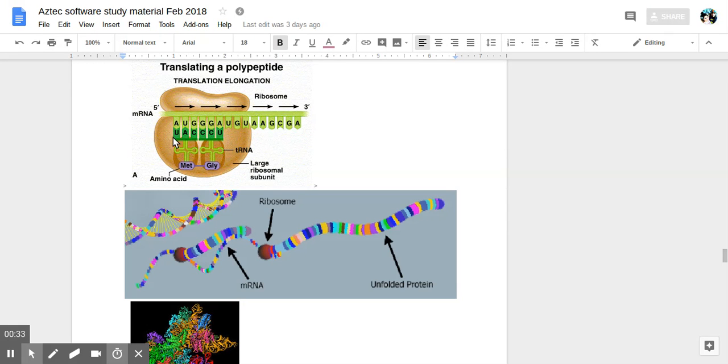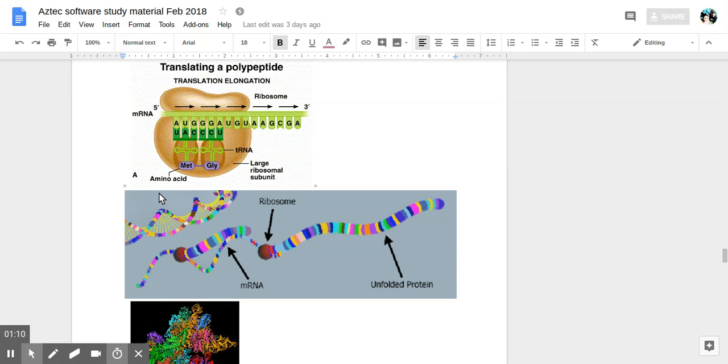So, codons, which are three bases on the mRNA molecule, each attract an anticodon tip of the tRNA molecule, which is bound to a particular amino acid. And each codon attracting that amino acid, the specific sequence of codons of a gene will bring a particular sequence of amino acids.